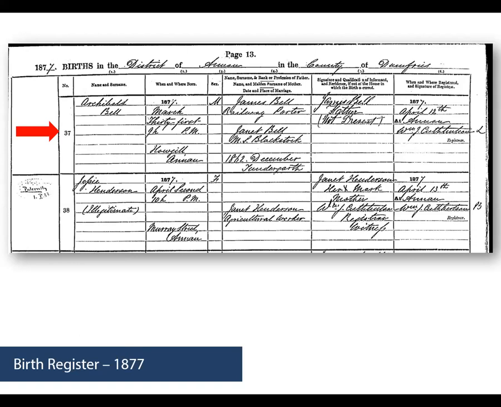Now, the child was born on March 31st. It's recorded on April 12th, again, within 3 weeks. And it gives you the name of the register. Now, down below, you can see there's a stamp. And obviously, right there next to number 38, we find that Jesse Henderson is illegitimate. This is why you want to then look at the registers for corrected volumes, because it may have additional information.